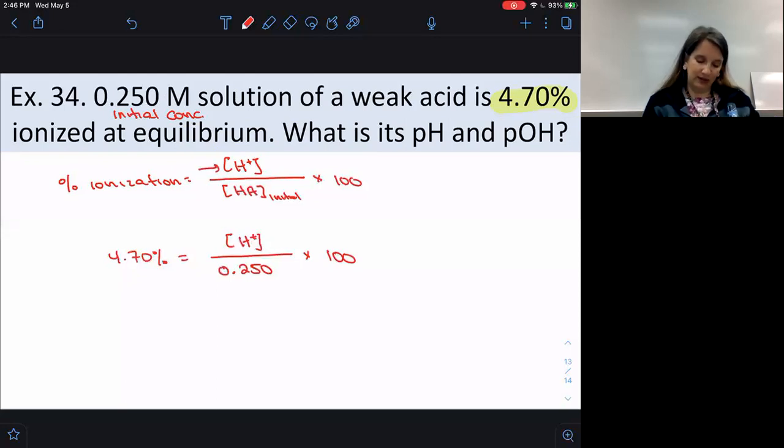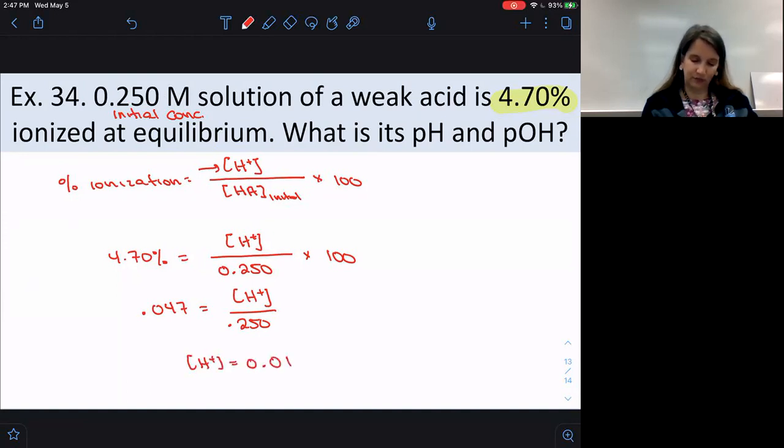And so that should be 0.047 equals our H plus divided by 0.250. So then we can just multiply that decimal by 0.250 to get our H plus concentration. And that is going to be 0.0118.